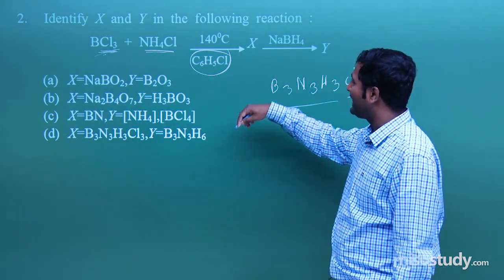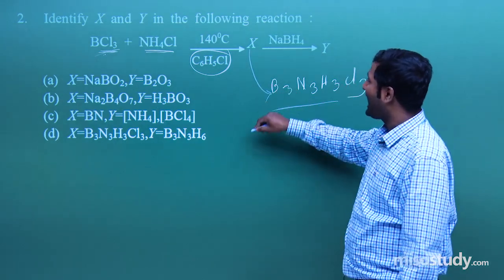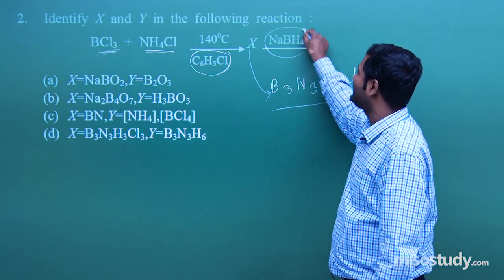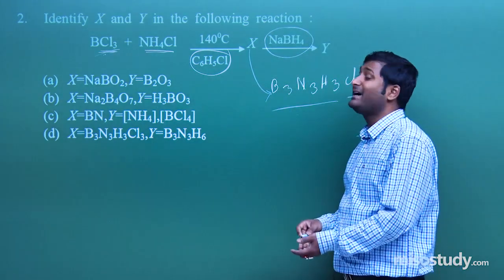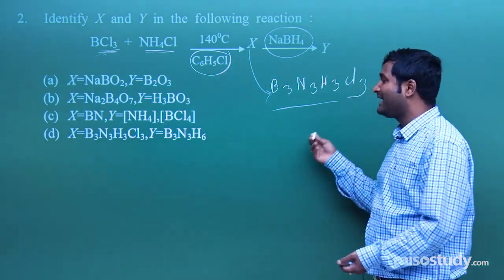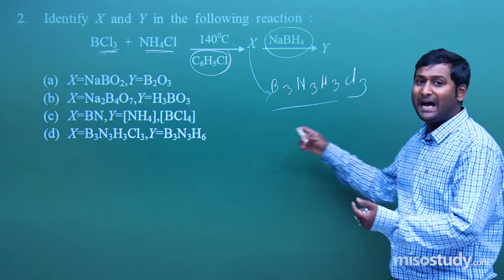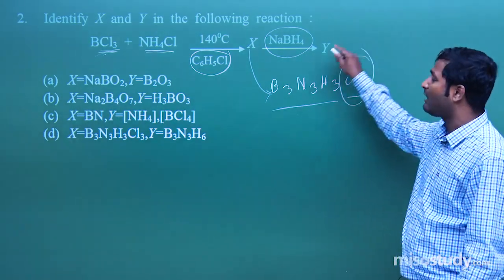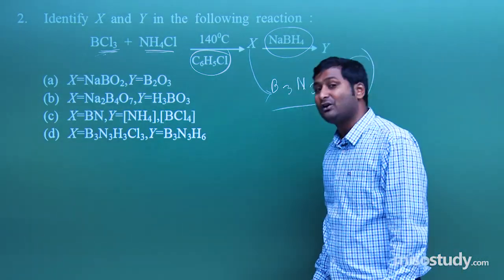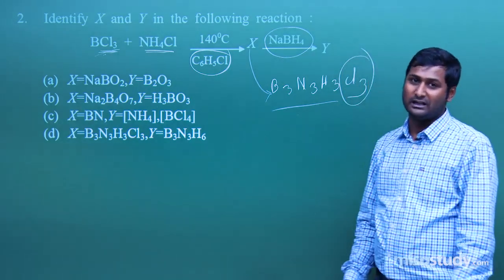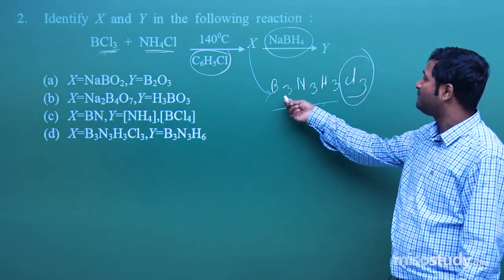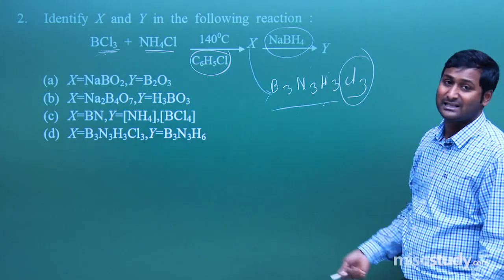Now why am I telling like this? Because if it is X, then this one is NaBH4. Reduction takes place, the addition of hydrogen, and here the removal of chlorine takes place, not only the removal of oxygen. Clear to you? So the product is B3N3H6.